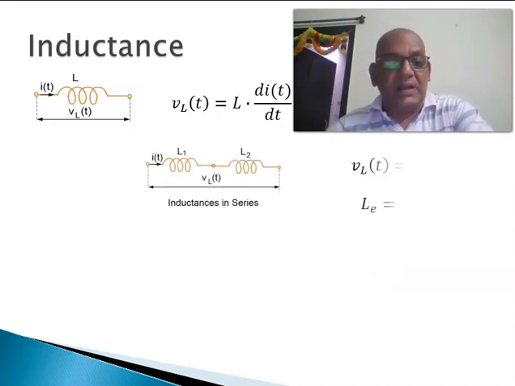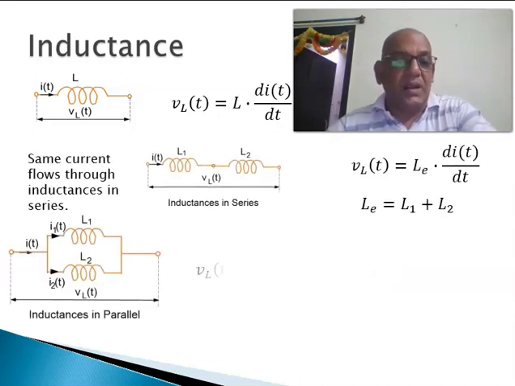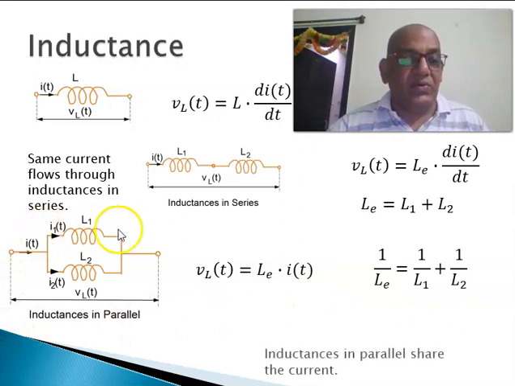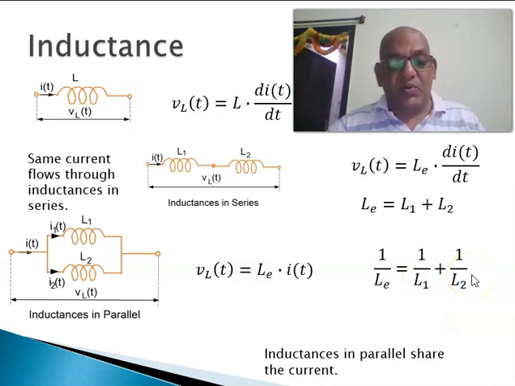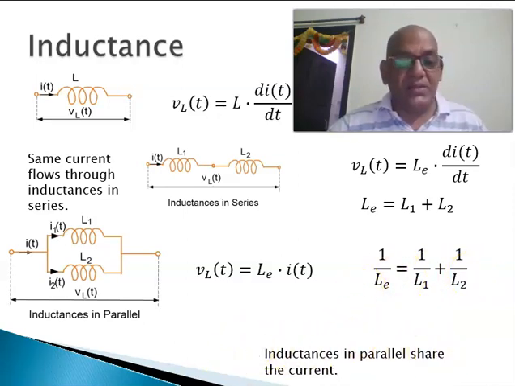Inductances, when they are connected in parallel, share the current. I1 goes through L1, I2 goes through L2, and the equivalent inductance may be obtained as the reciprocal of the sum of reciprocals. You need to remember, inductances in parallel share the current.